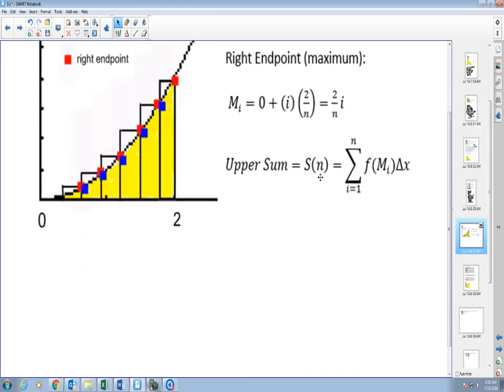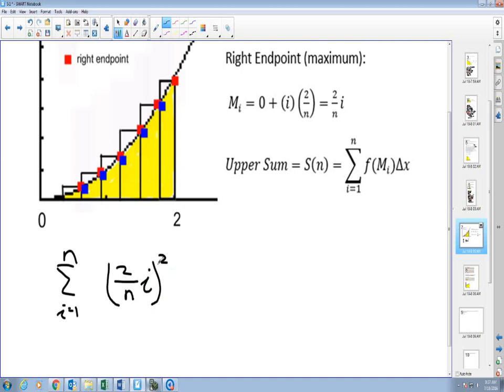Alright, so your upper sum will be f of m_i times delta x. So let's substitute back into our function here. Substitute my m_i into my function. That will be 2 over n times i, whole thing squared, because it was x squared, times the width.